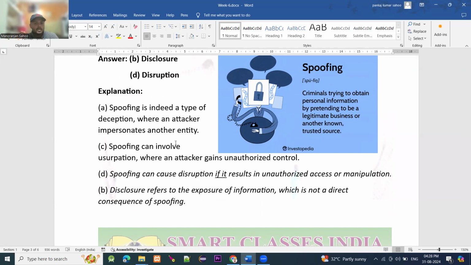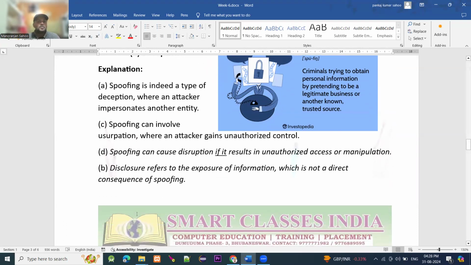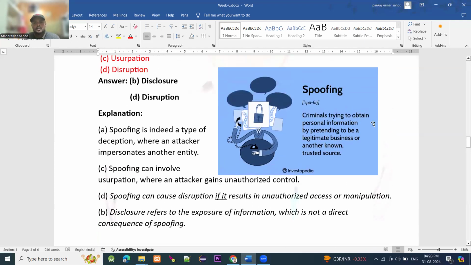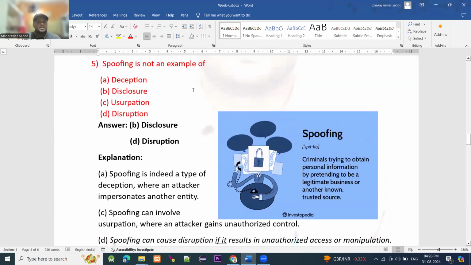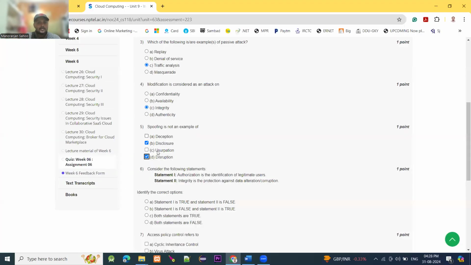Spoofing can cause distortion if it results in unauthorized access or manipulation. Disclosure refers to the exposure of information, which is not a direct consequence of spoofing. Here, the criminal tries to obtain personal information by pretending to be a legitimate business or another trusted source. So two options are not an example: disclosure and distribution, options B and D.